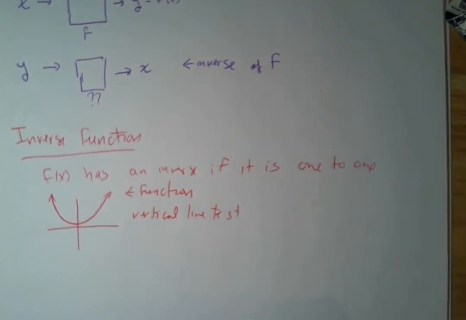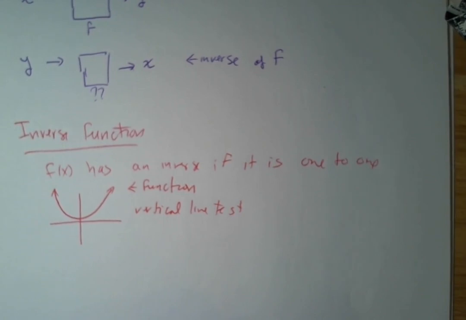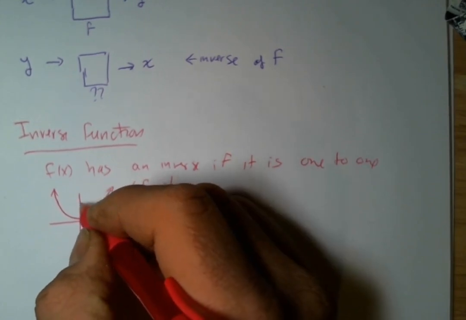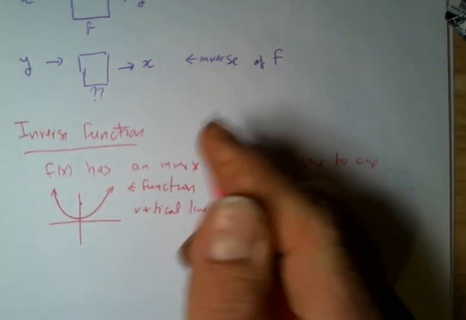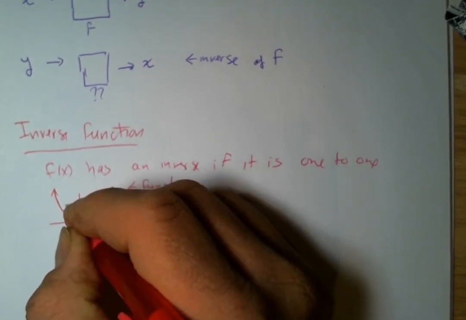Now, in order for a function to have an inverse, it needs to be 1 to 1. So now we want to ask ourselves, is each output unique? In other words, for the output here, does it correspond to exactly one value of x? In this case, we can see it does not.